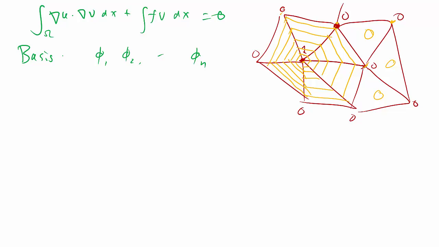I can define such a tent function for every single node that doesn't lie on the boundary. If it lies on the boundary, then I don't need it because it satisfies the boundary condition. So I can define these basis functions 1 to n, where n is the number of node points in the interior of this mesh.